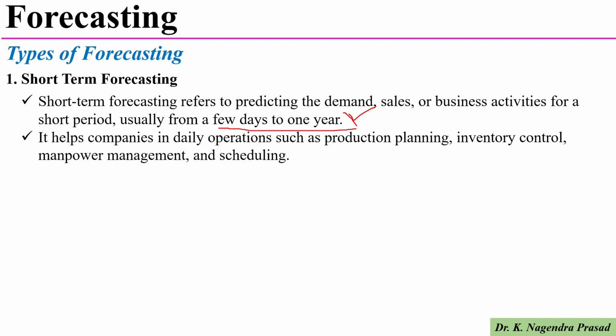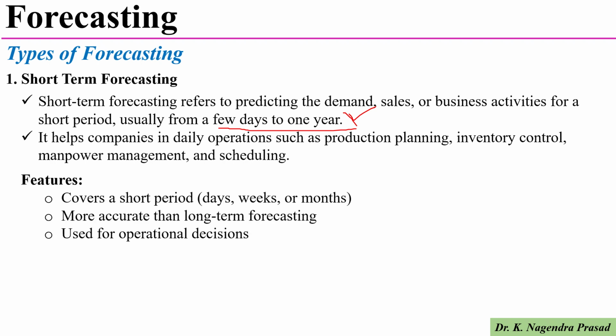Short-term forecasting helps companies in daily operations such as production planning, inventory control, manpower management and scheduling. Let's see the features of short-term forecasting. It covers a short period, in general days, weeks or months. It is more accurate than long-term forecasting, and it is used for operational decisions.